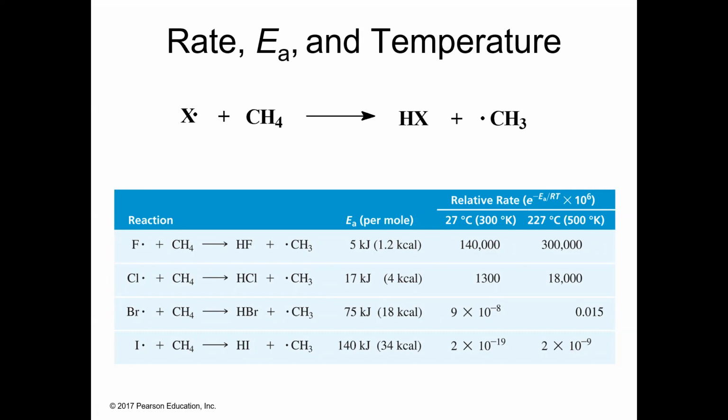Also, we can see that chlorine reacts a little more than 10 times faster at the higher temperature. Fluorine reacts a little more than twice as fast. So all of these reaction rates increase as we raise the temperature. These are relative rates.